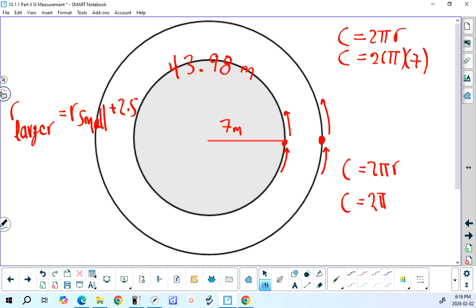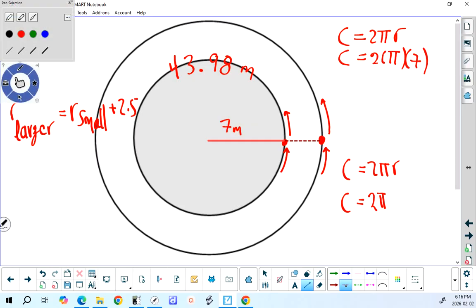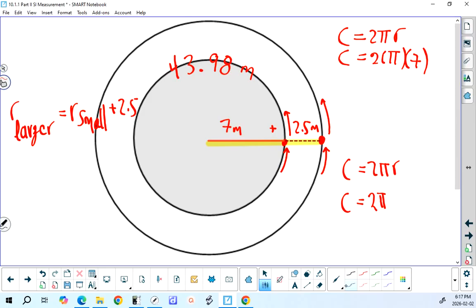You're told that this little distance here is 2.5 meters. If that's 2.5 meters, then this entire distance, which is the radius of the larger circle, would be 7 plus 2.5. So 7 plus 2.5, well, that's easy. Gives us 9.5 meters.